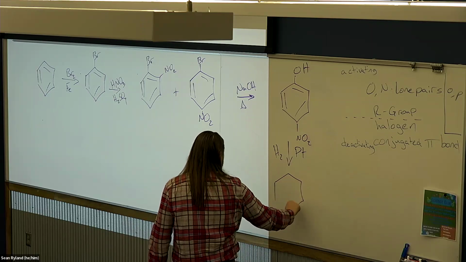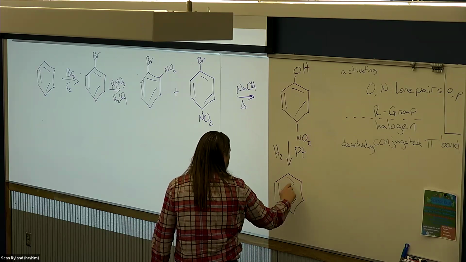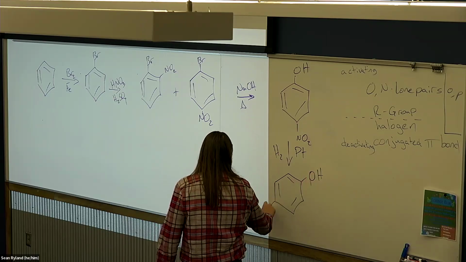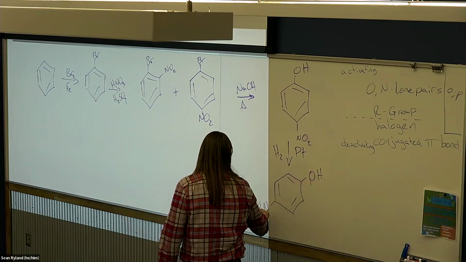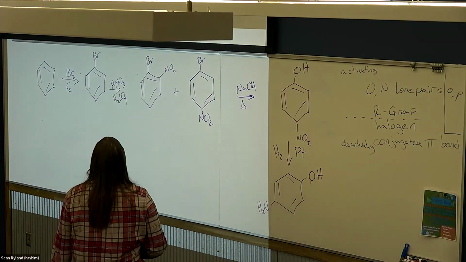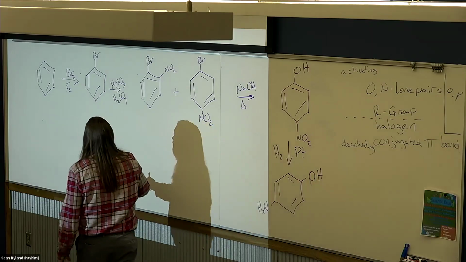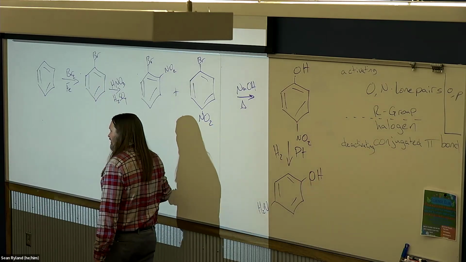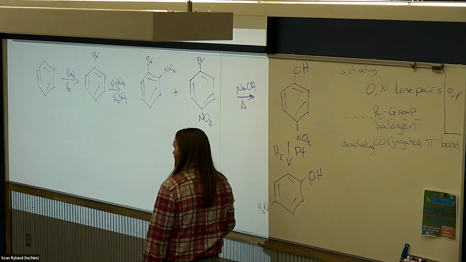So our final product. In both of these cases, we put a functional group in the spots where we wanted it, and then we converted the functional group to something else.